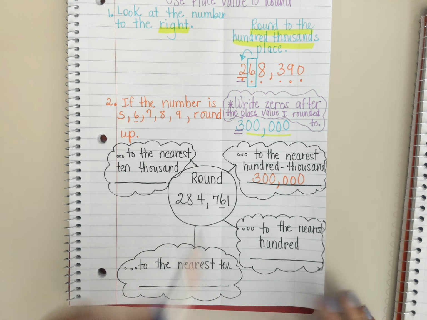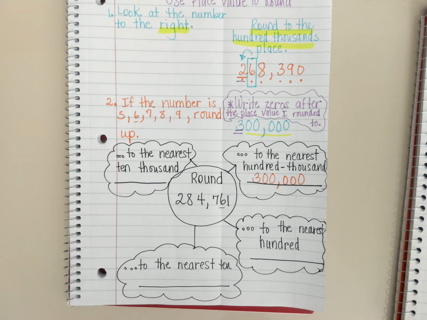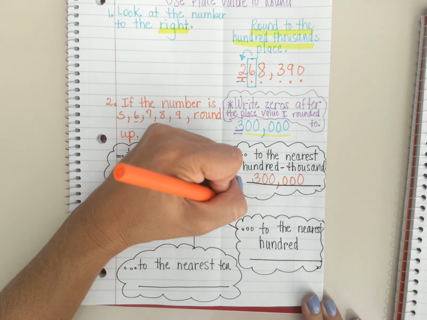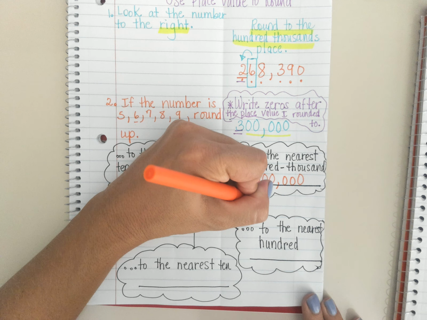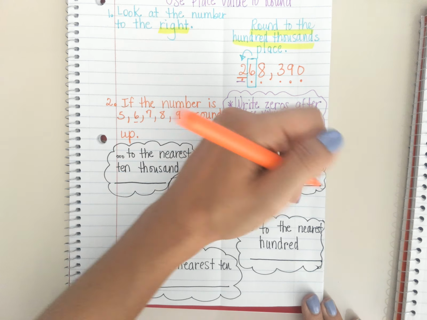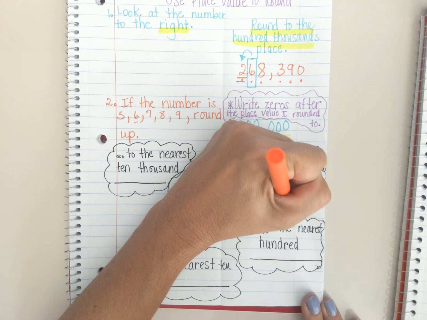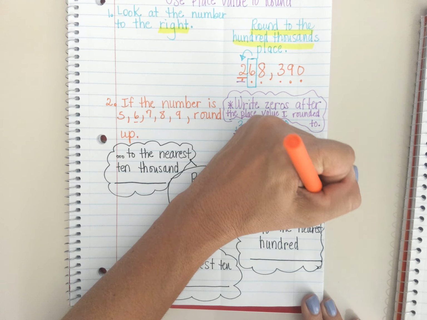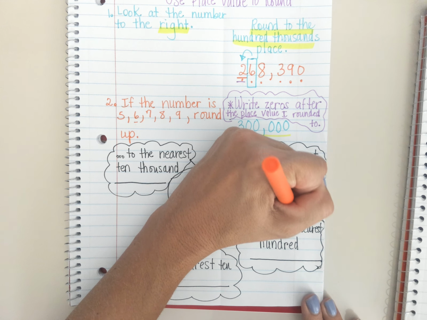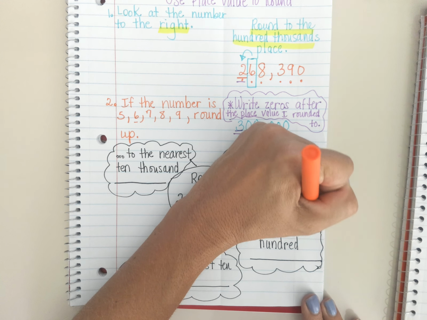I should write that, and I will. I'm going to put it in here somewhere. 1, 2, 3, or 4 on the right. Round down.